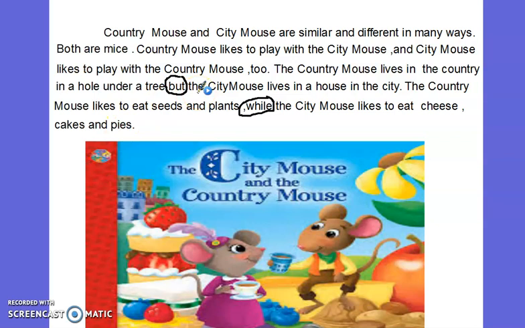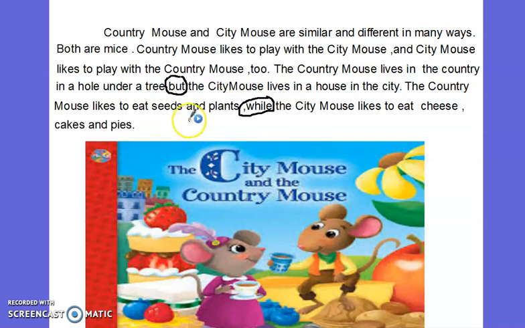Now we reach the closing sentence. So, what do you think? What do you want to write in the closing sentence? In the last sentence, the concluding sentence? Let's see. Do you like the city mouse or the country mouse?